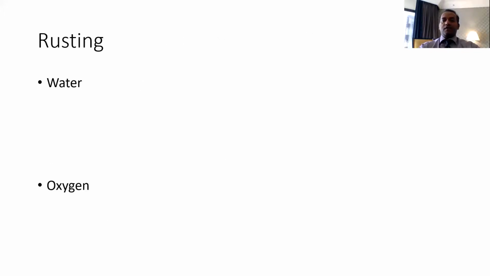Okay, first, for any metal rusting to happen, we need 2 conditions. First, the presence of water. Second, the presence of oxygen. Sometimes people mistakenly say presence of air, but it must be understood as presence of oxygen gas.